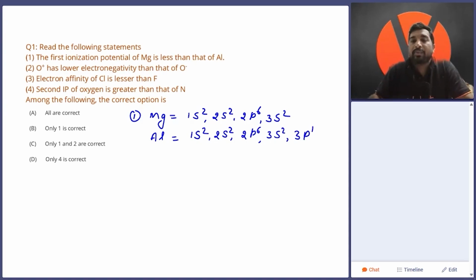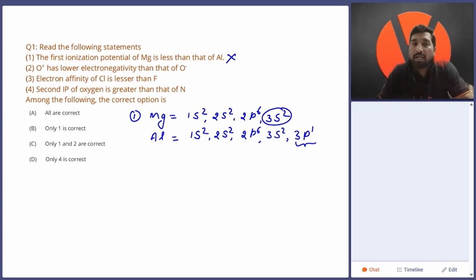As you can see, in magnesium there is a fully filled orbital, whereas in aluminium there is a 3p1, which is neither fully filled nor half filled. So it is easy to remove the electron from aluminium, and as compared to aluminium, it is difficult to remove an electron from magnesium. So the first statement is wrong.